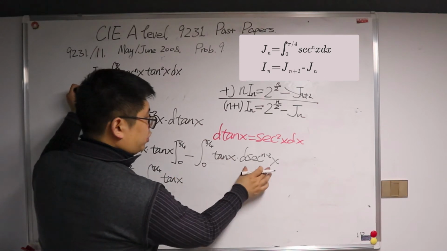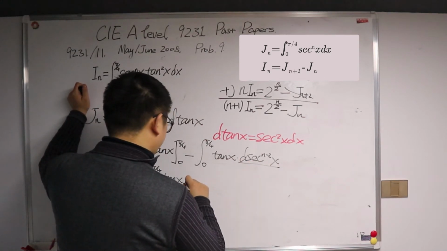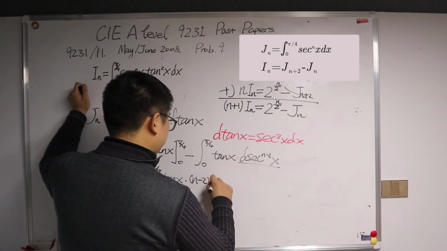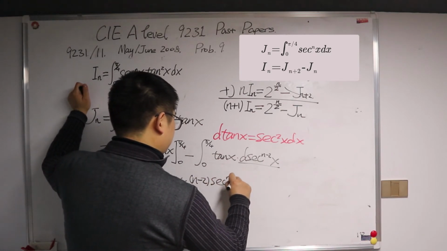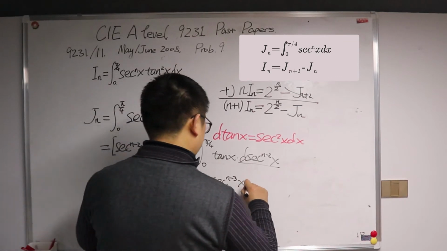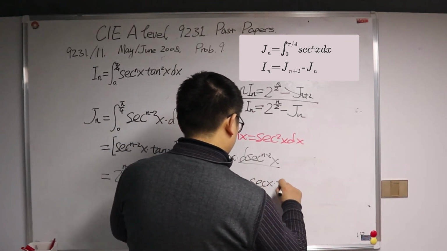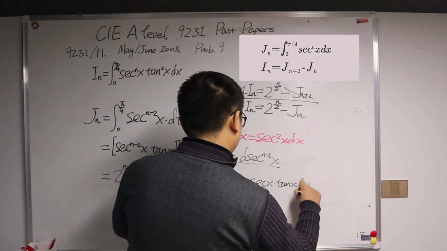Well, we have to treat this differential very carefully. So n minus 2 and something like this.